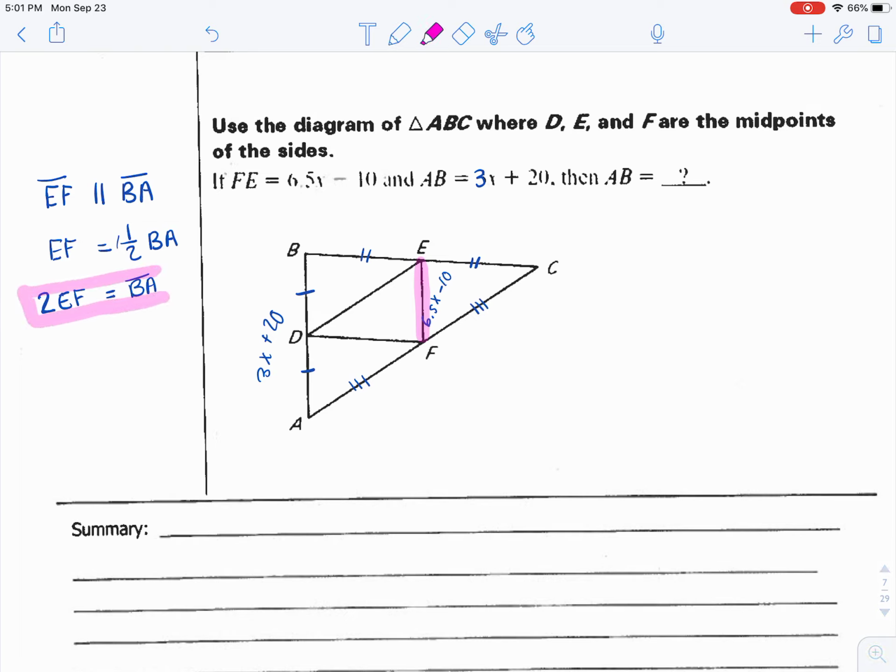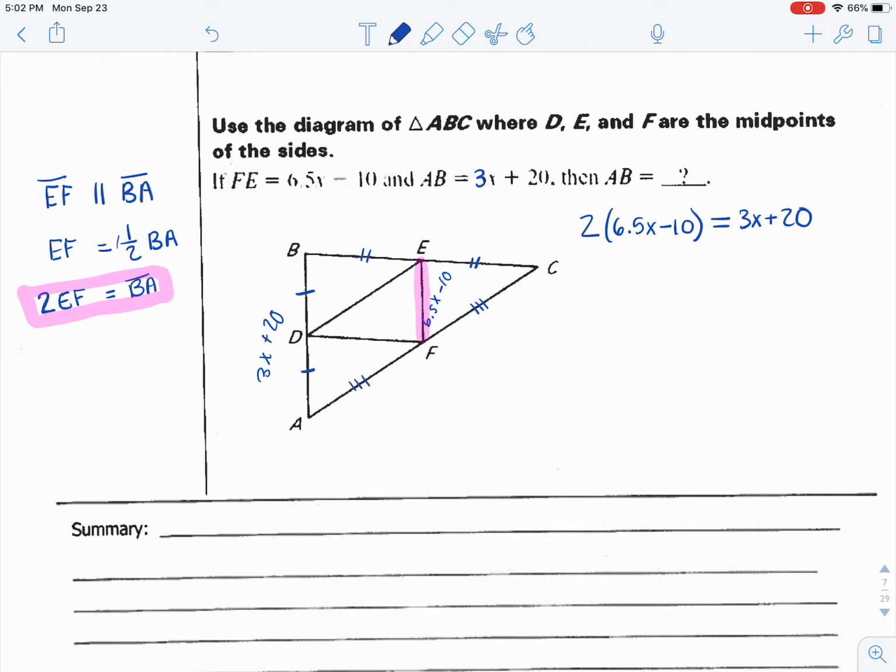Again, this is what I'm going to use to solve problems. So if I set this up, 2 times EF, what is the measure of EF? We're told that EF is 6.5x minus 10 will equal that third side, BA or AB, 3x plus 20.